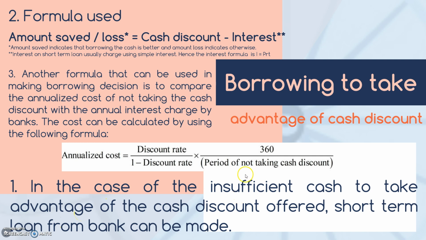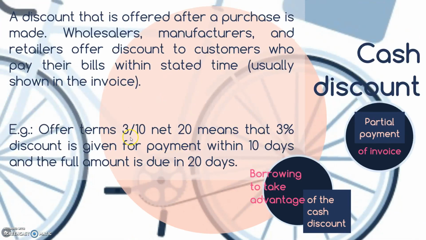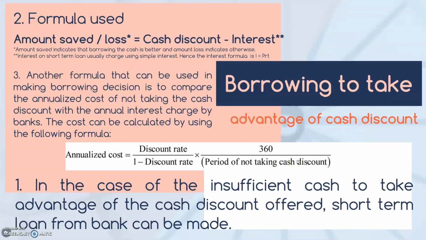Basically, the period of not taking a cash discount, let's look at the previous example. 3/10 net 20. The full payment should be made in 20 days. So 10 days to get this 3%. After that, you need to settle it in 20 days. What will be the period of not taking the cash discount?